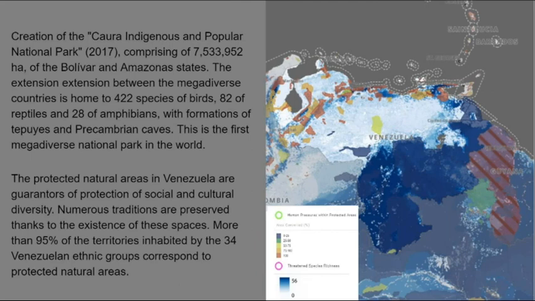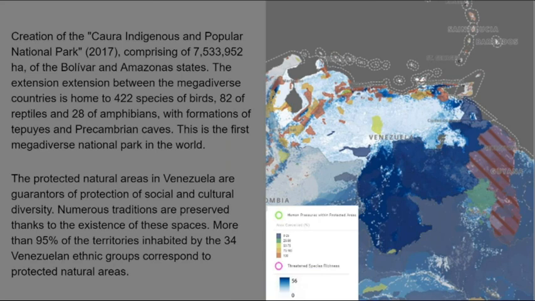Recently, there was the creation of the Caura Indigenous and Popular Natural Park in 2017, with more than 7 million hectares in the Bolivar and Amazon states at the south of the country.